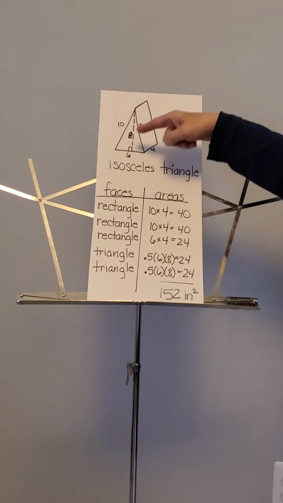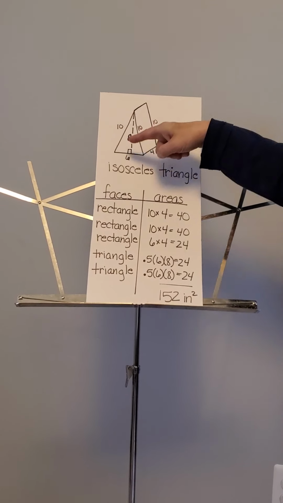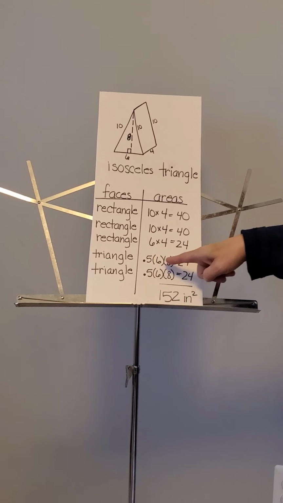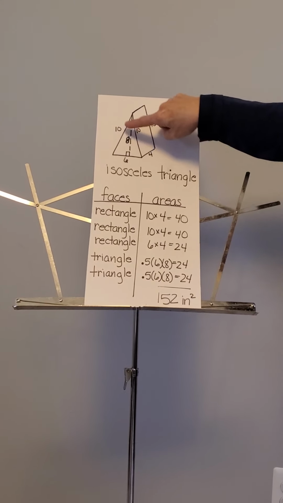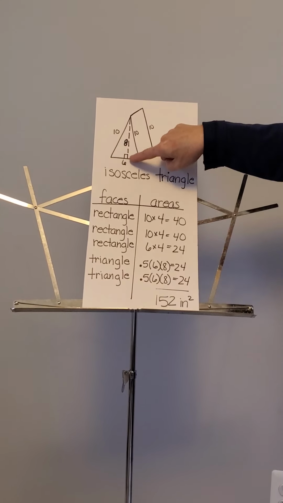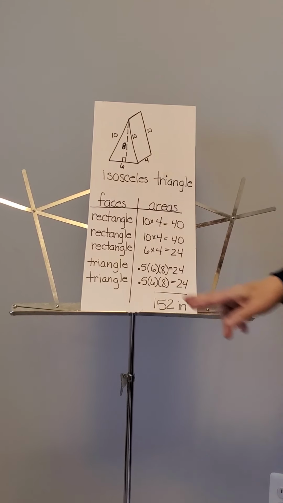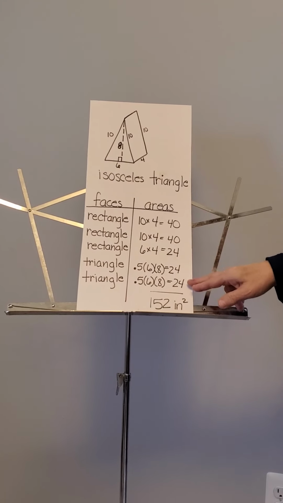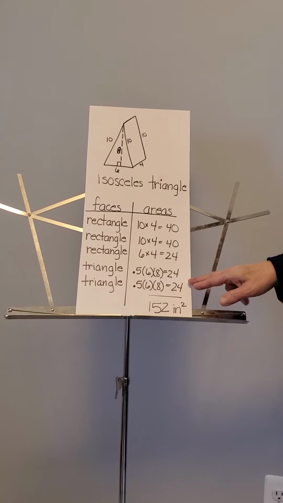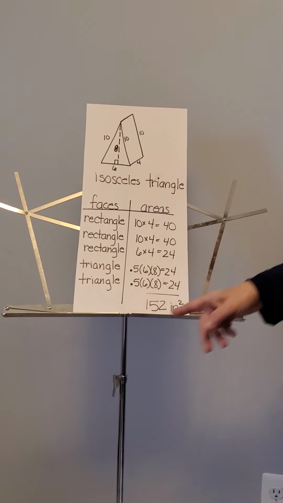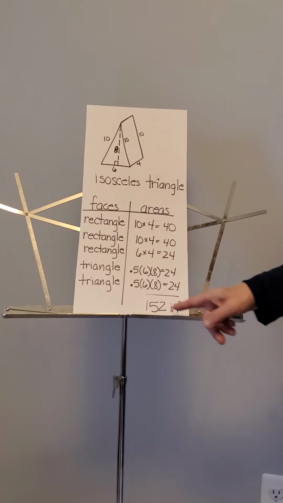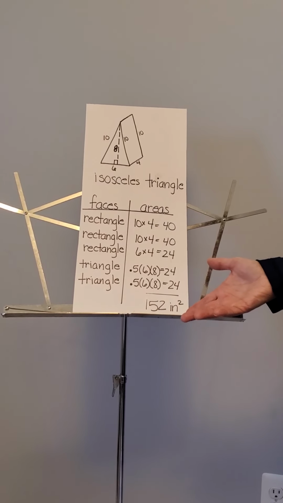The triangles do match. The back and the front triangles match. Half base times height, half of 6 times 8, not 10, 8 is the height, perpendicular to the base. So I've got 2 triangular areas that are 24 square units each. Add the 3 rectangles, 2 triangles for your grand total of 152 square inches, let's say.